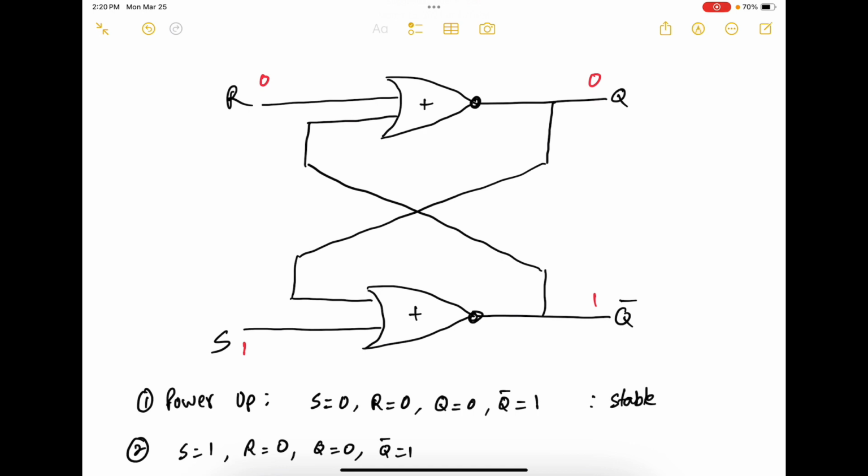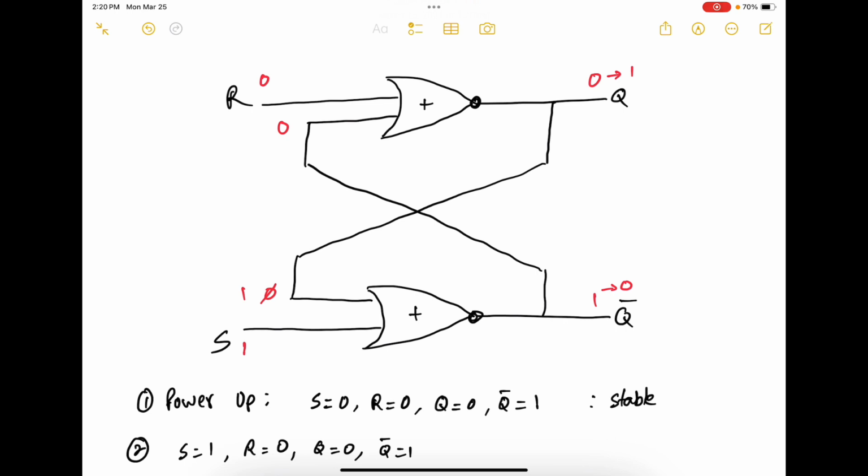So this 0 propagates all the way here. You get 1 NOR 0, which is going to be a 0. So this goes to 0. This 0 propagates all the way here. 0 NOR 0 will be a 1. Right? This 1 is going to get propagated here. And you have 1 NOR 1, which is a 0. It remains at 0.